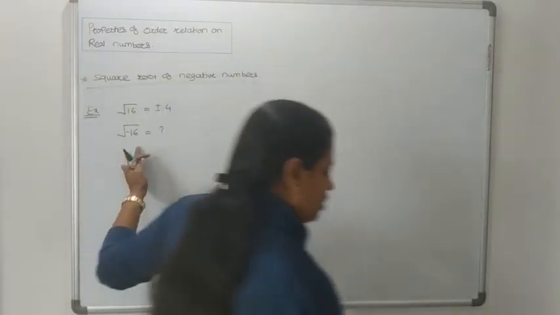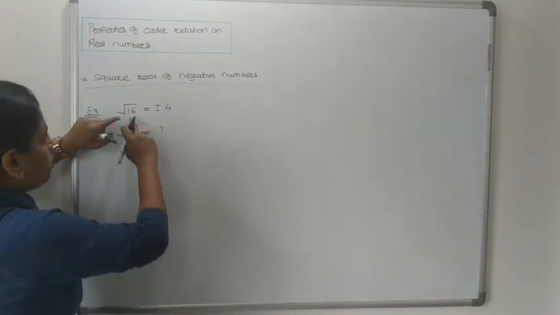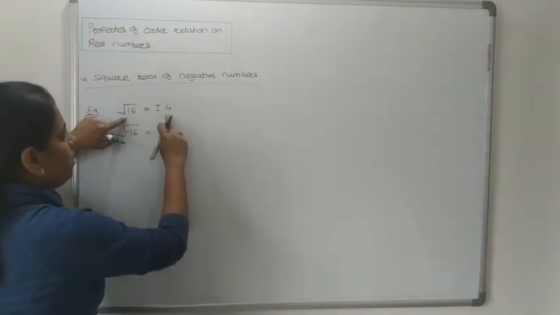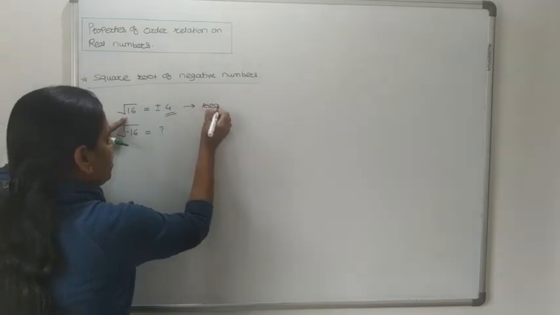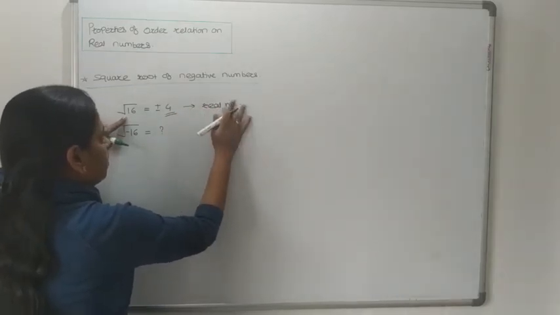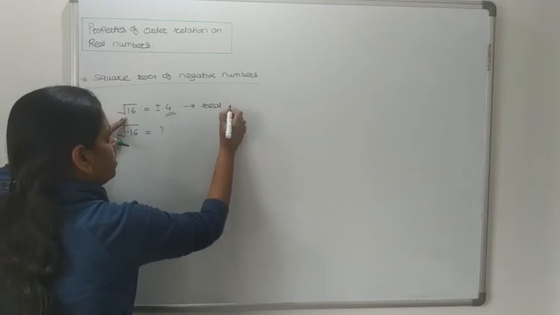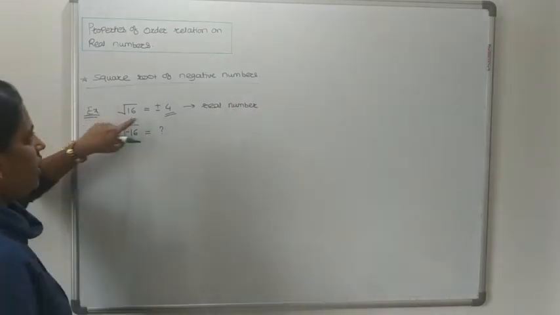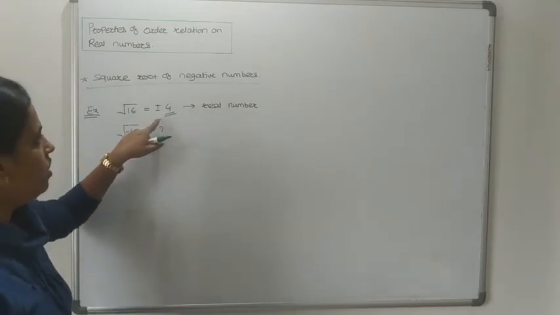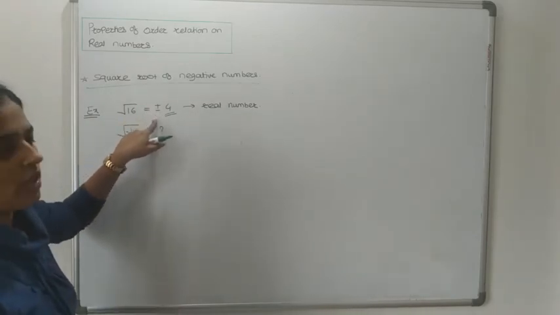Listen here. When we talk about the square root of positive numbers, the resultant number is a real number. That is plus 4 or minus 4. Plus 4 is also a real number and minus 4 is also a real number.